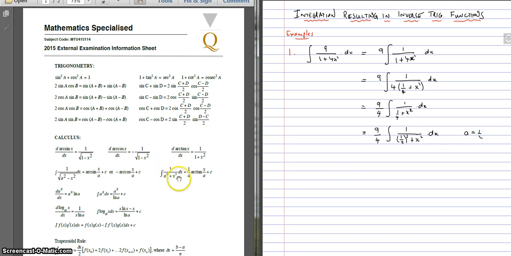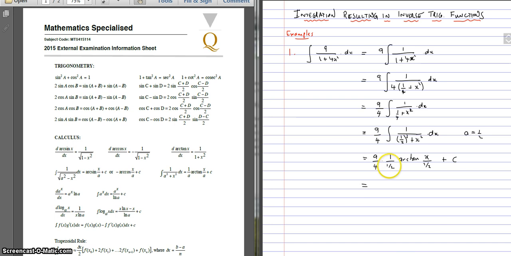When we look at this basic form, that's going to integrate to 1 over a. So that's still our 9 over 4 at the front times 1 over a, so that's 1 over 1/2, arctan of x over a, which is 1/2, plus c.